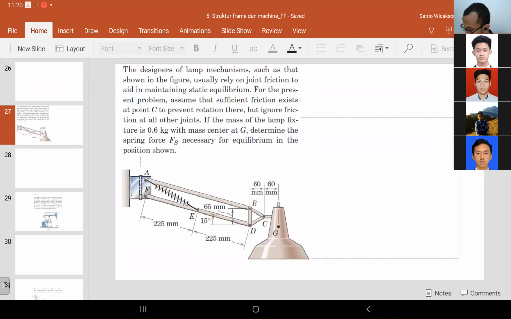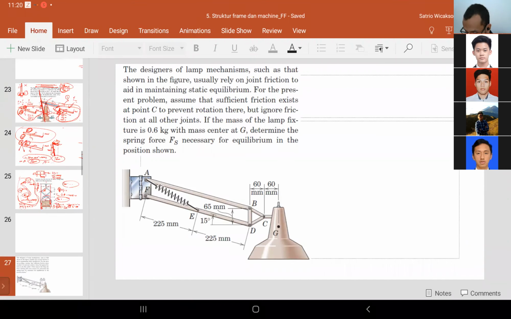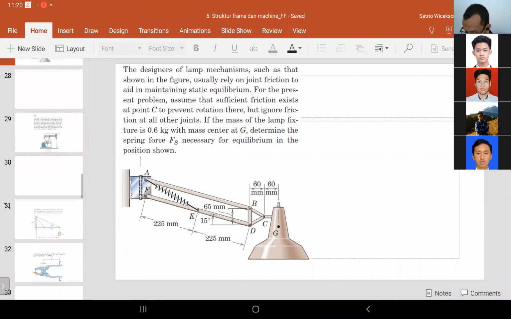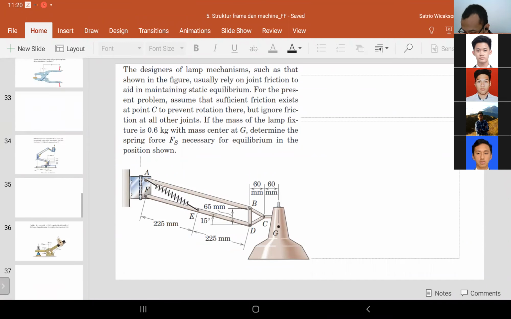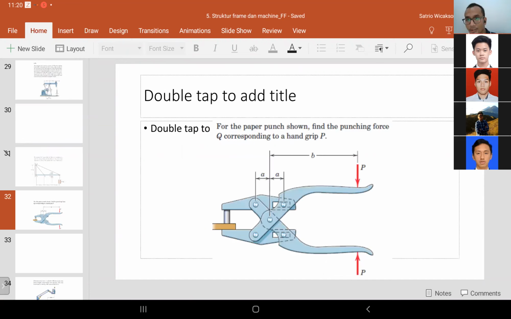And it is in your homework as well. Oh yeah, by the way, regarding your homework, do you have any problem? This is one of your homework, right? Can you do it, guys? This one, yes, sir.